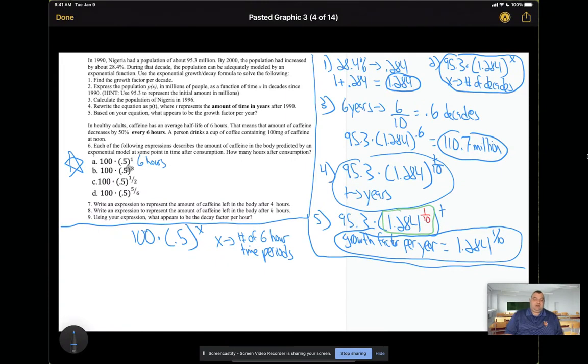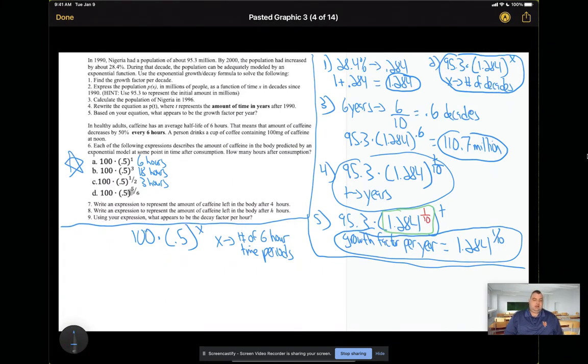Plugging in x equals 3 means 3 6-hour time periods. So that means 18 hours. Plugging in a half for x means a half of a 6-hour time period. So that would be 3 hours.